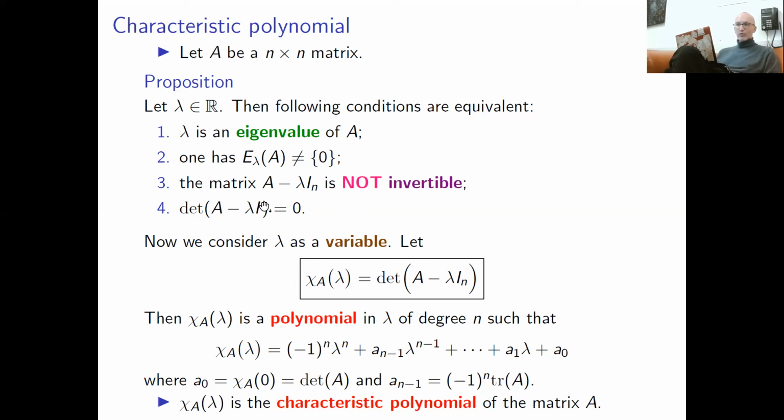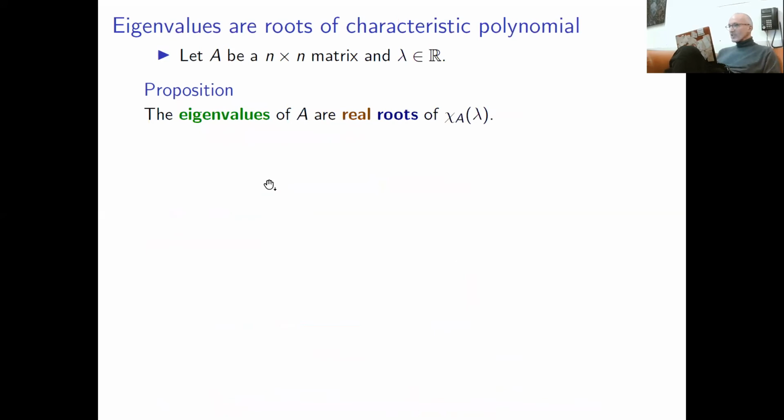This result is so important, so let me state it explicitly. If you have an n times n matrix A and a real number lambda, this lambda is an eigenvalue of A if and only if it is a real root of the characteristic polynomial. So basically, the eigenvalues of A are the real roots of the characteristic polynomial of A.